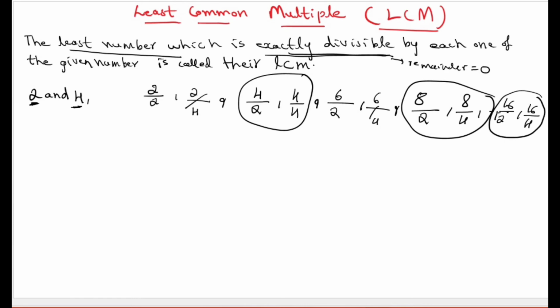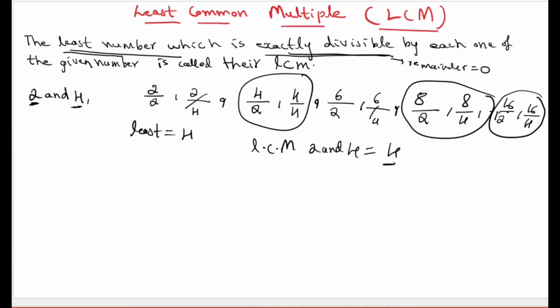Likewise, you get so many numbers. But the definition says you need to find the least number. Which one is the least number here? 4, 8, 16. The least number is 4. So the LCM of 2 and 4 is equal to 4.